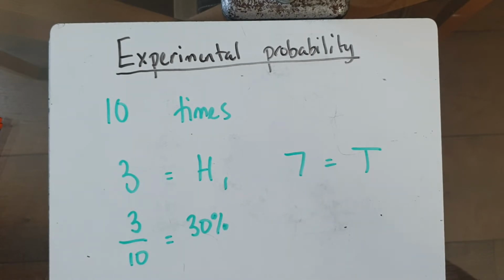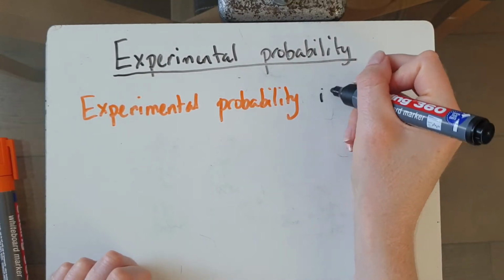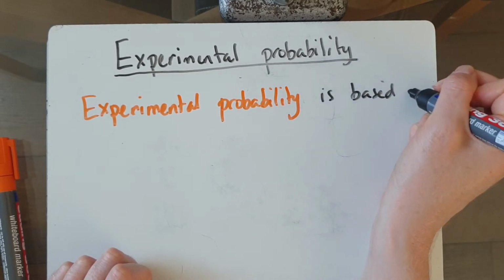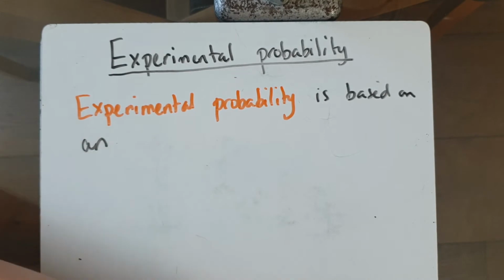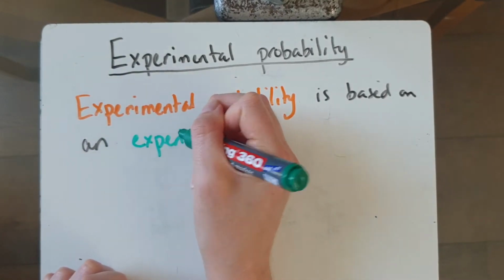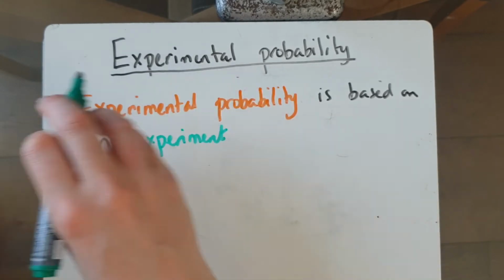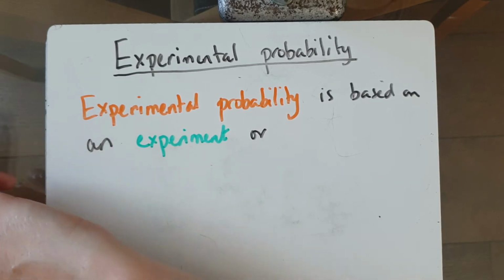So we're going to write down a definition for experimental probability. Experimental probability is based on an experiment or a trial.